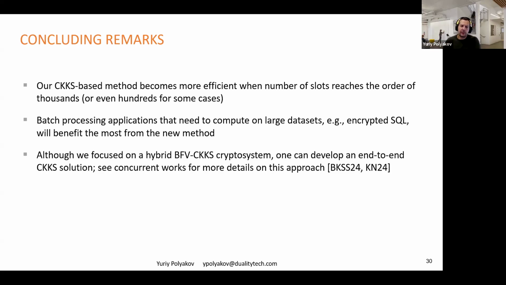Although we focused in our work on the hybrid BFV-CKKS cryptosystem, one can develop a full end-to-end CKKS solution, and there are some concurrent works that work in this direction. We also presented some initial algorithmic description for that case. So it is possible to have a full end-to-end CKKS implementation.